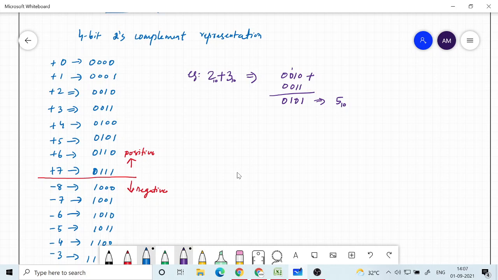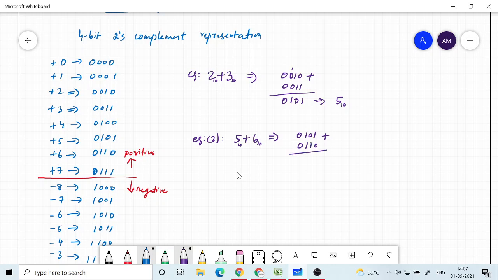But the overflow case will occur if the result is bigger than, say, plus 7. So let's take an example. Example 2, let's take 5 plus 6. These are both positive numbers, we are just adding them. 5 is 0101, and you are adding to that the 2's complement representation of plus 6, which is 0110.